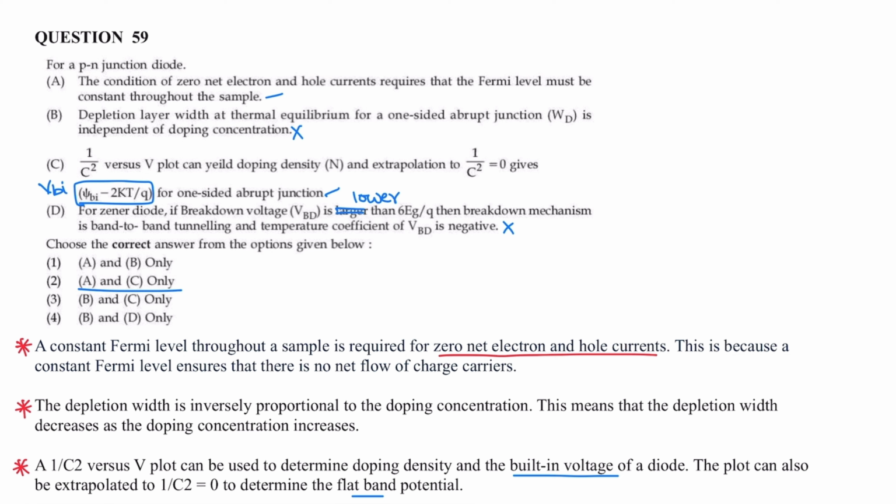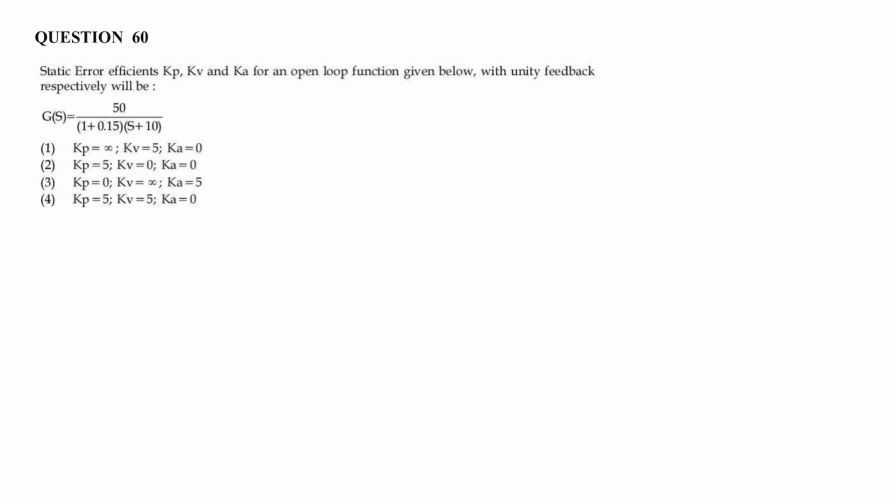Next question. Static error coefficients Kp, Kv, Ka for an open loop transfer function given below with unity feedback, respectively, will be. In the given system, the open loop transfer function has unity feedback, therefore H(s), the feedback transfer function, is 1.